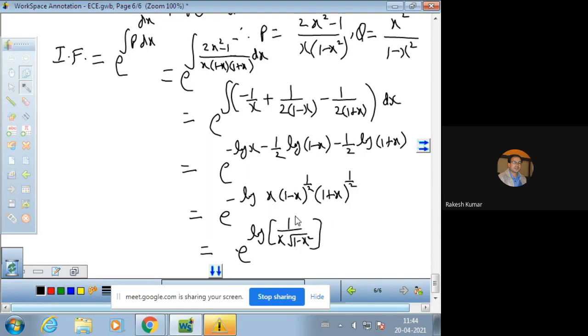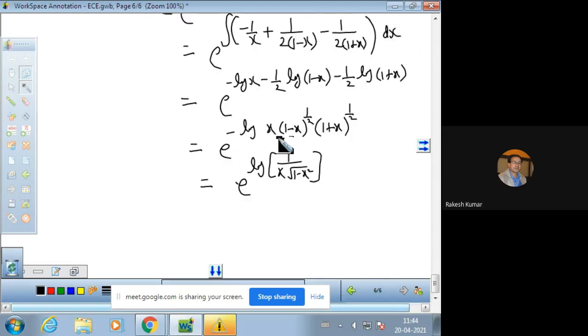Now this formula can be used. एंड ये जो नेगेटिव साइन है, ये जो टर्म होएंगी उनको डिनोमिनेटर में ले जाएगा, तो एक्सपोनेंशियल will be cancelled with the help of log term, so that will be x over 1 minus x square. So this is your integrating factor, and now you can get the solution.